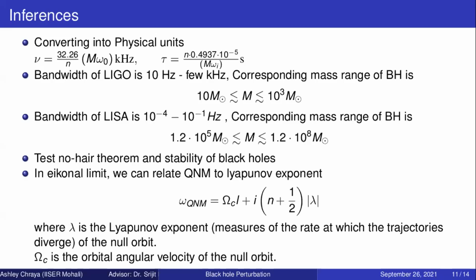We perturb that null ring and find whether it is stable or not, and there is an analysis of that from the Hamiltonian. After that, we find that there is a Lyapunov exponent, and this exponent tells us whether the trajectories will diverge or converge. In this specific case, we are talking about the null orbit: will the null orbit diverge or converge if we perturb it?